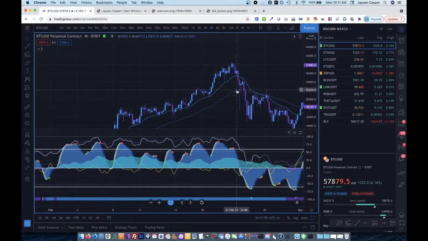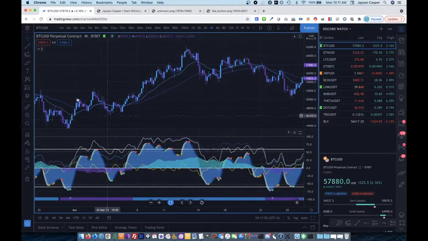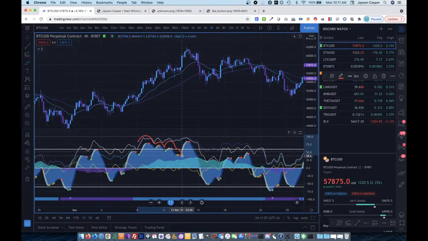Where was that? No, it was March. Here it is. Look at this. 1, 2, 3, 4, and then huge pump. Because we got the bearish divergence forming, and then that 5th wave led to a huge pump, which then led to a pretty significant move to the downside.